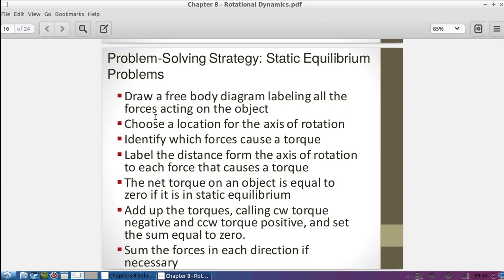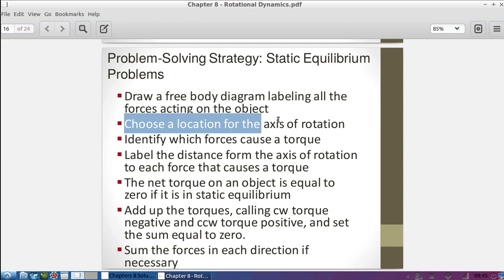Because we're dealing with a steel beam or a sphere or a disc or something like that. Next, we're going to choose a convenient location for the axis of rotation, and I'll talk about where is typically the most convenient for each type of problem. We kind of dealt with that before for our first torque problem, our steel beam problem.